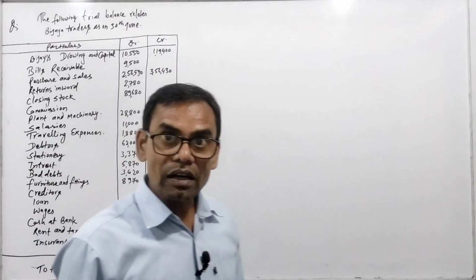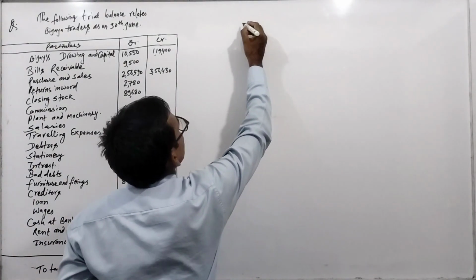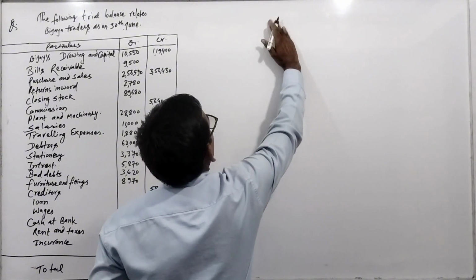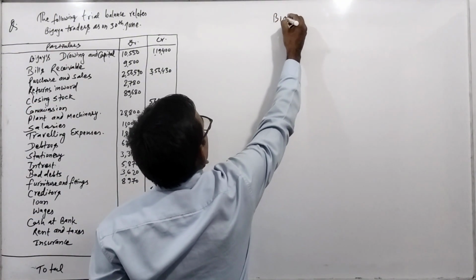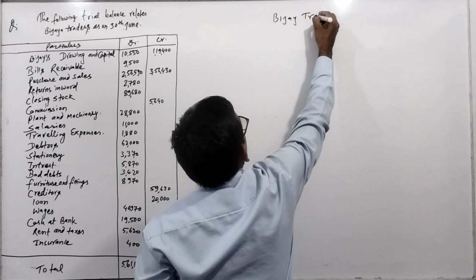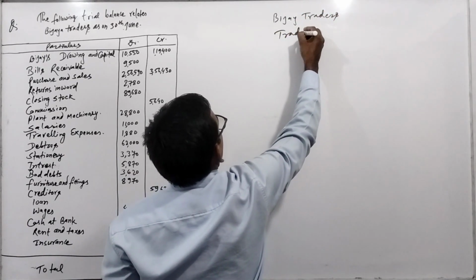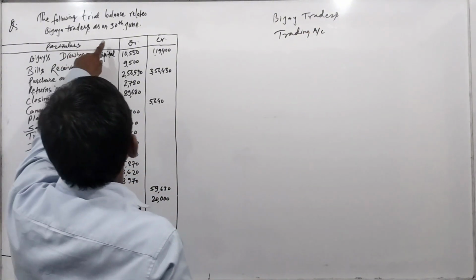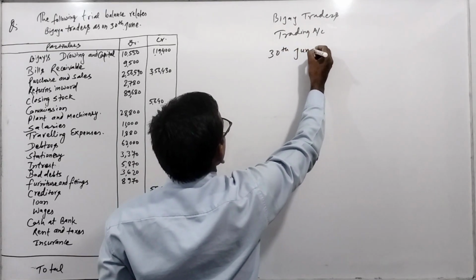Now let's start to prepare trading account. First of all, you have to write the name of company. And what is the name of company? BJ Traders. Here you have to write BJ Traders. Then you have to write trading account. And then you have to write 30th June.